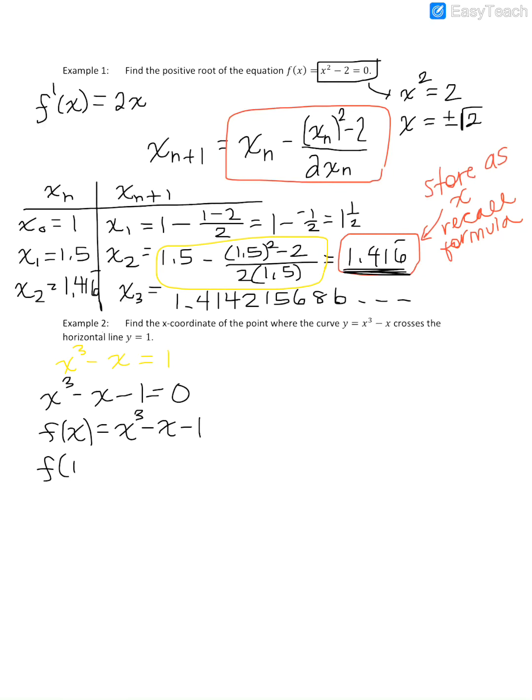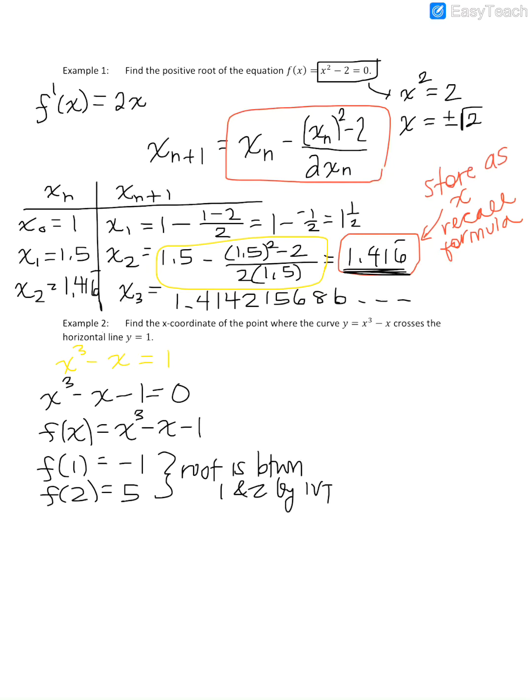So if I had f of 1, 1 minus 1 is 0, minus 1 is negative 1. If I had f of 2, 8 minus 2 is 6, minus 1 is 5. So I know my root is between 1 and 2 by the intermediate value theorem.